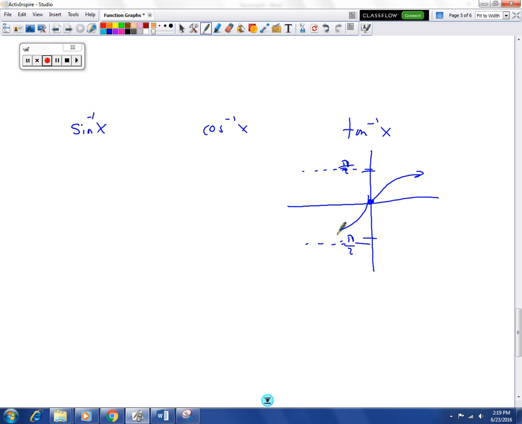It sweeps up like that, sweeps down like that. Now inverse sine. Positive pi over 2 was up here, negative pi over 2 was right down there. This was negative 1, this was positive 1. And if you remember right, it went like this. That was inverse sine. Now inverse cosine.